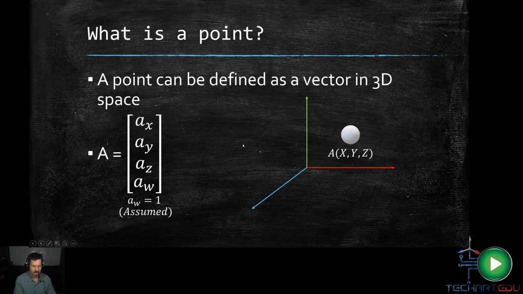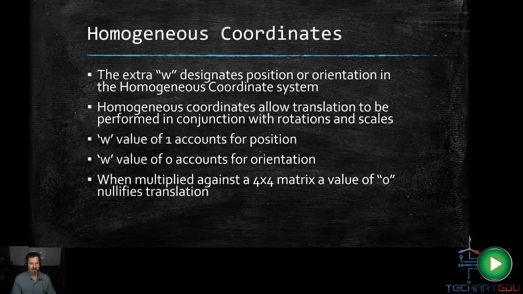Now you're going to say, what's with this W business again? Well, this W business is all about homogeneous coordinate systems. Without going into too much linear algebra here, homogeneous coordinates allow translation to be performed in conjunction with rotations and scales. You might be raising your eyebrow. What's the big deal?